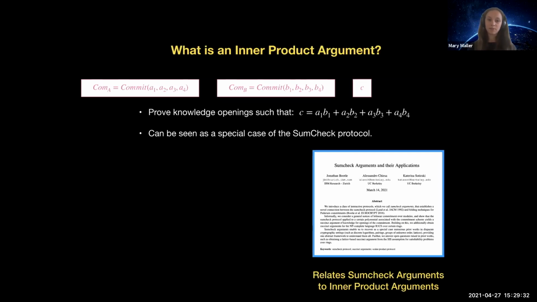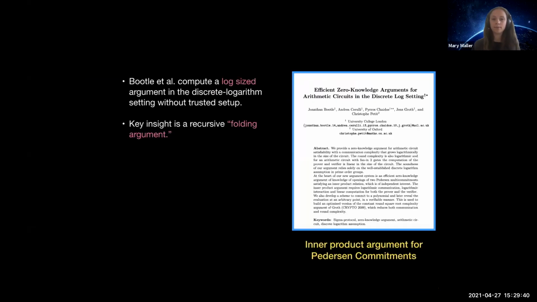In some ways, this can be seen as a special case of the sum check protocol. There was a breakthrough work in 2016 when it comes to inner product arguments, where Bootle et al. computed a logarithmic sized argument in the discrete logarithm setting without a trusted setup.